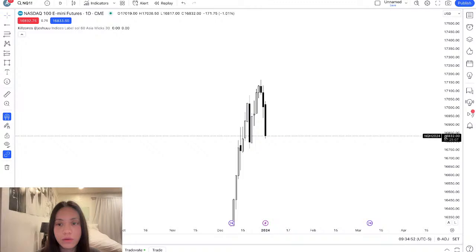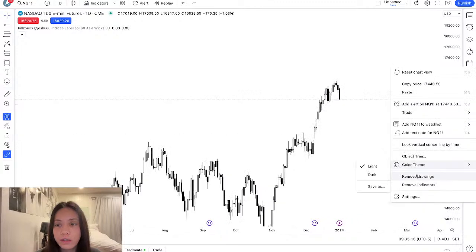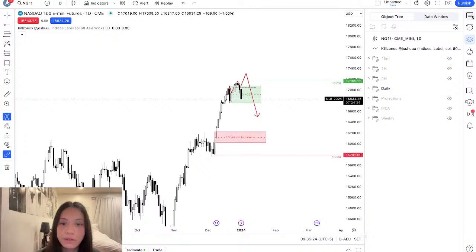This is NQ. We've taken out all-time highs, essentially. I was thinking that we were bullish, possibly to make one more push up on this 3 drives pattern and then go down.